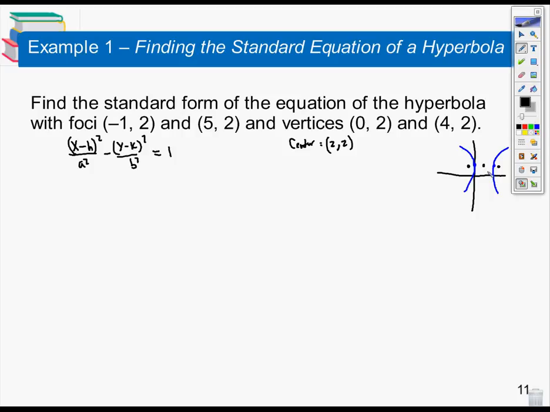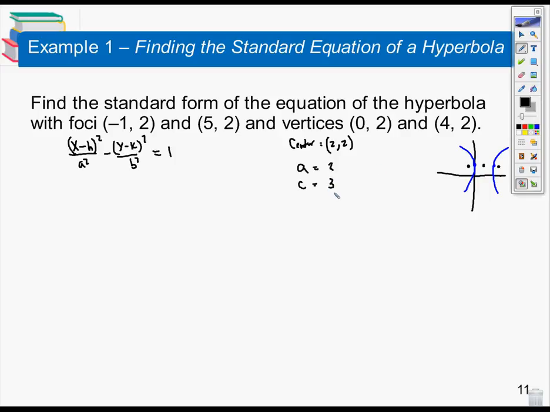So now, given all this information, I can find a and I can find c quite easily. a being the distance from the center point to the vertex, which if the center point is 2, 2, and this vertex is 0, 2, the distance a should just be 2 units. And c is the distance from the center point to the foci, and this focus is -1, 2, so the distance between them is 3.